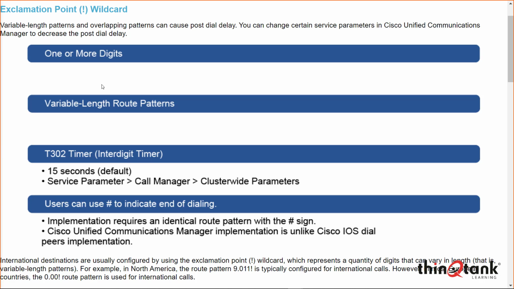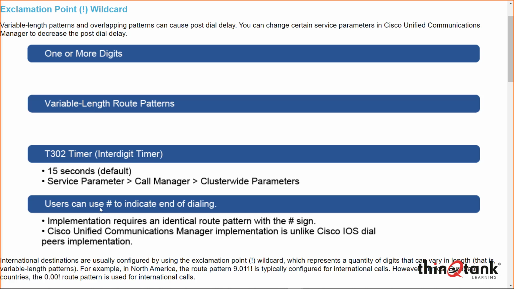The exclamation point wildcard is just for any kind of variable length pattern. It's 1 or more digits following the exclamation point. It's not 0 or more, it's 1 or more. All right, but that T302 timer, 15 seconds listed here, that inter-digit timer is going to come into play.